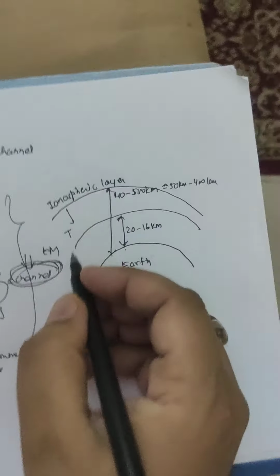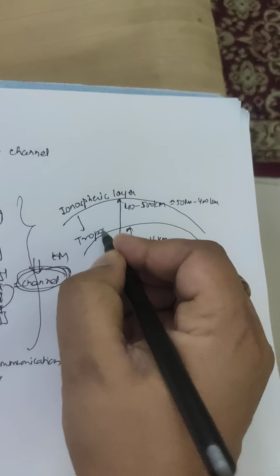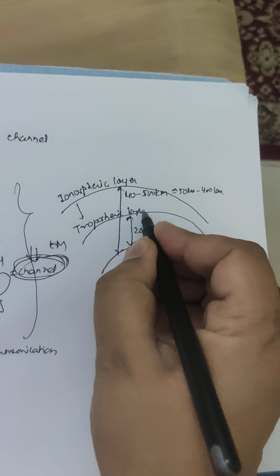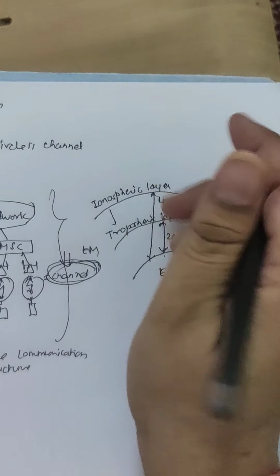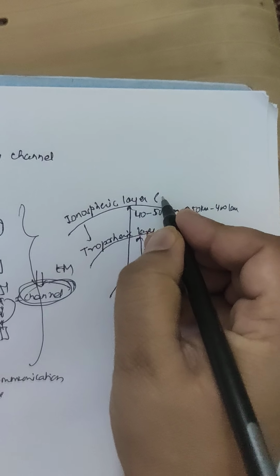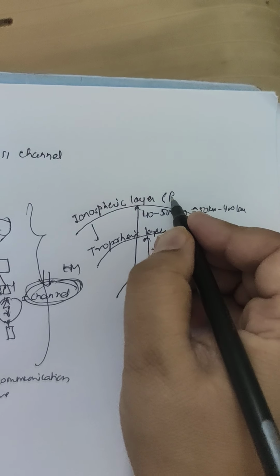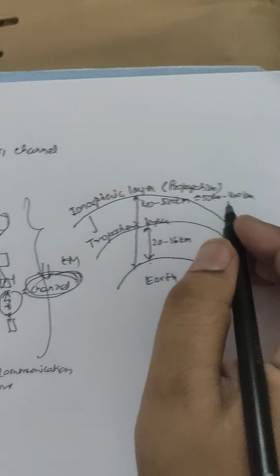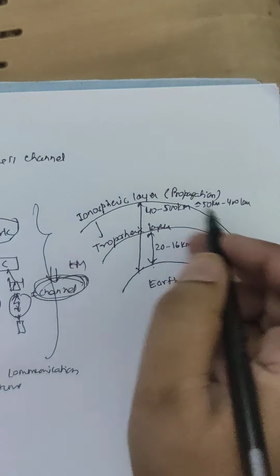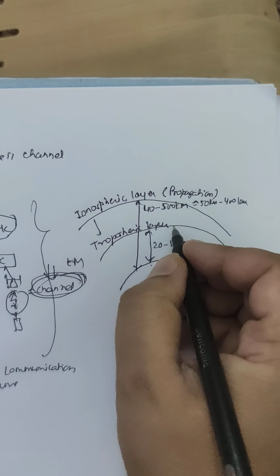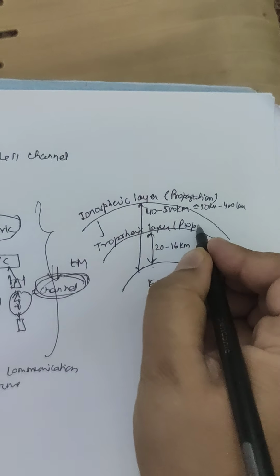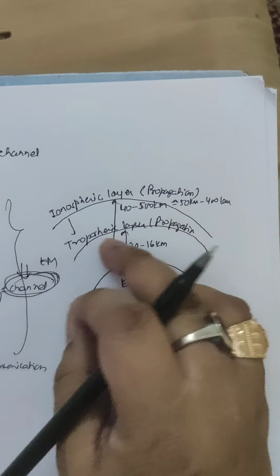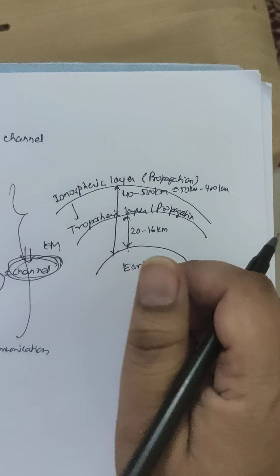The tropospheric layer or ionospheric layer allows propagation, to move the waves in this layered region.